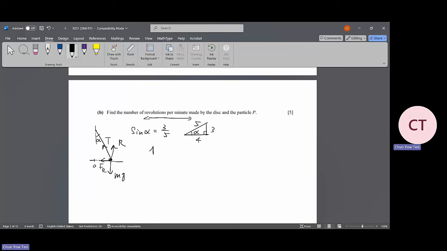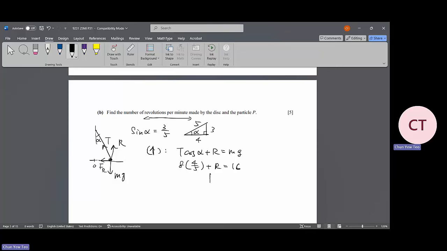If you resolve the forces vertically, you have T cos alpha plus R equals mg. T is already known as 8, cos alpha is 4 over 5, I do not know the R, the m is 1.6, g is 10.